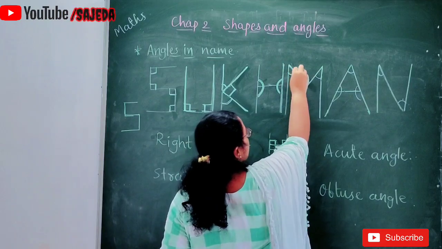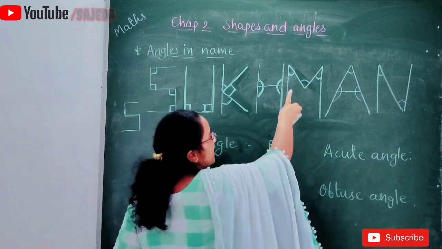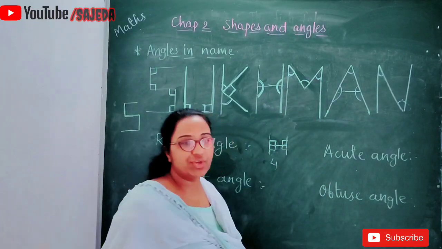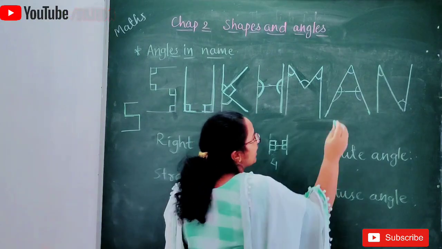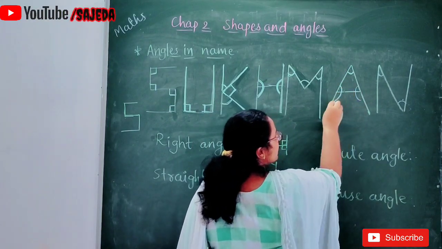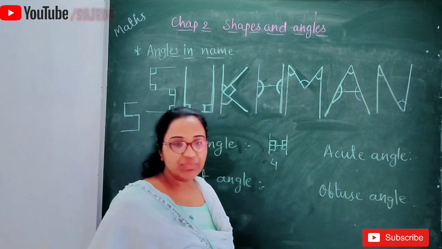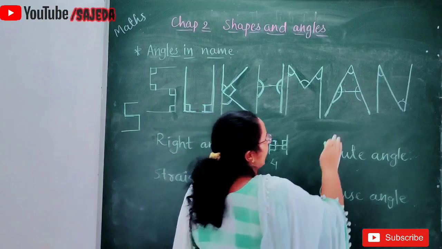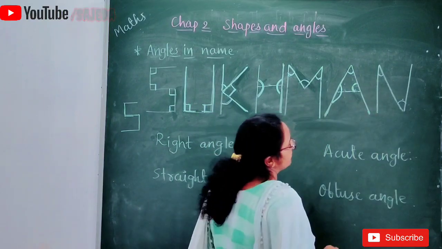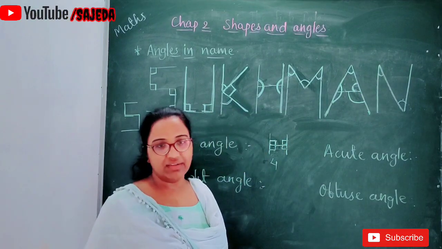Now in M, here is an angle of V shape. That means this is an acute angle and this one is also an acute angle. Now here also an acute angle. Once again this symbol is given on the straight line, that means it is a straight angle. For example, here I have drawn this angle and then separately I have drawn another angle.